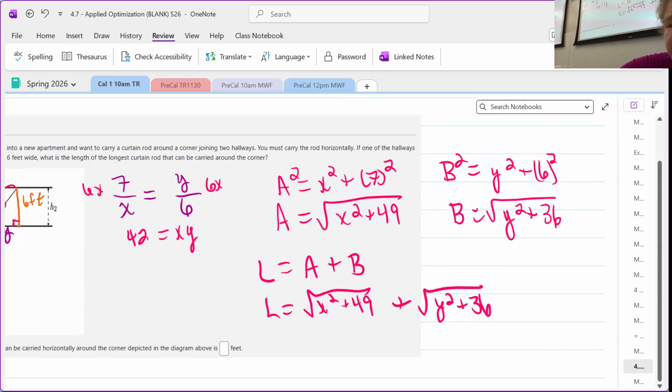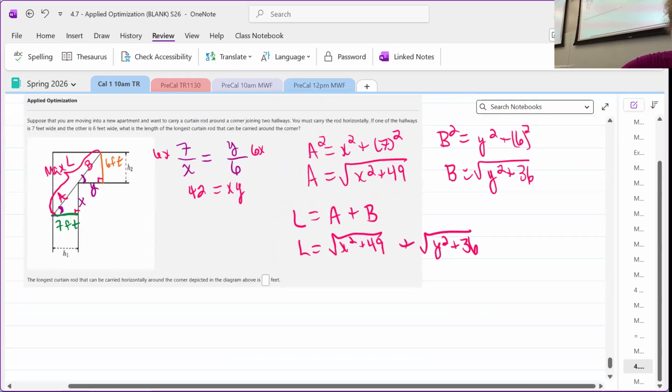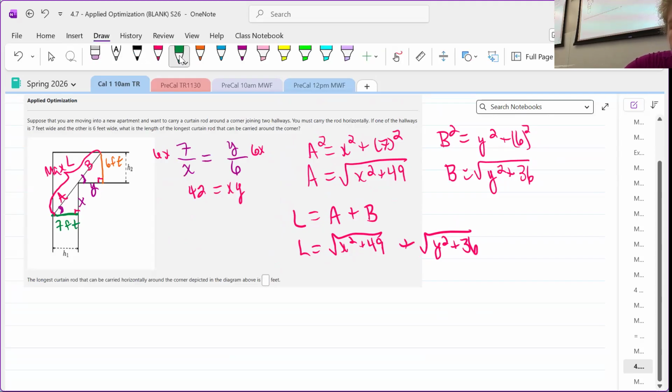Now, before we can take the derivative, we need to substitute in for y or x. I usually will keep it in terms of x because that's what I normally take derivatives of. So that means I need to know what y equals.